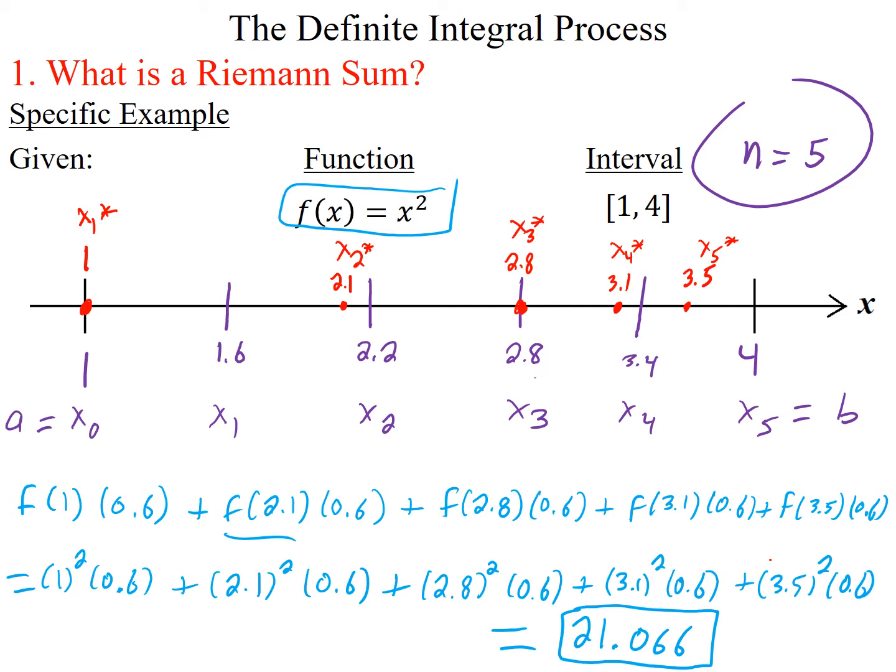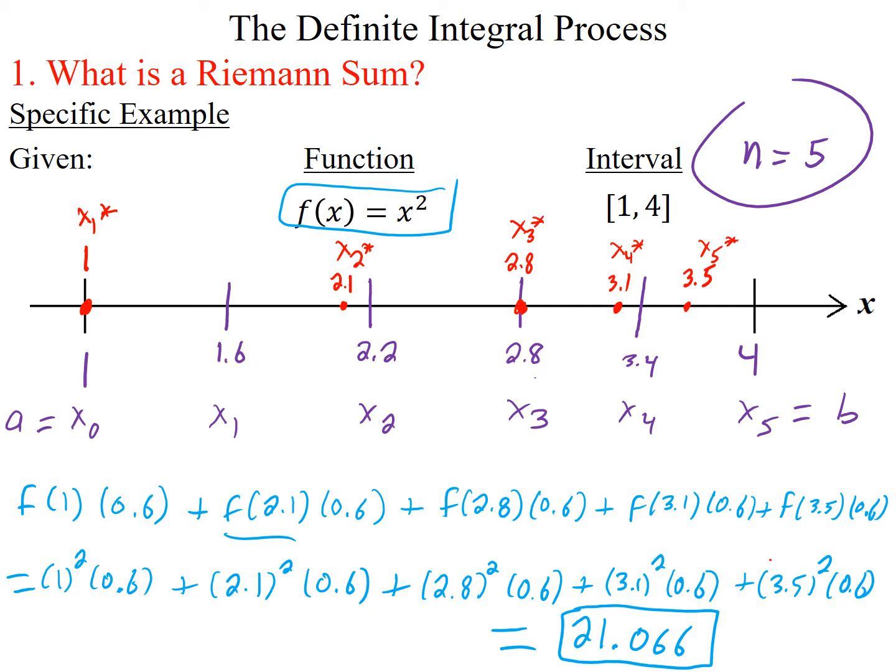Okay, so one last time, let me summarize this. I shouldn't say one last time. We'll summarize it a few more times. But you take the interval they give you and cut it into subintervals of equal width. So each one should have the same width. In this case, we decided to cut into 5 equal width subintervals. Then figure out where all your tick marks are.